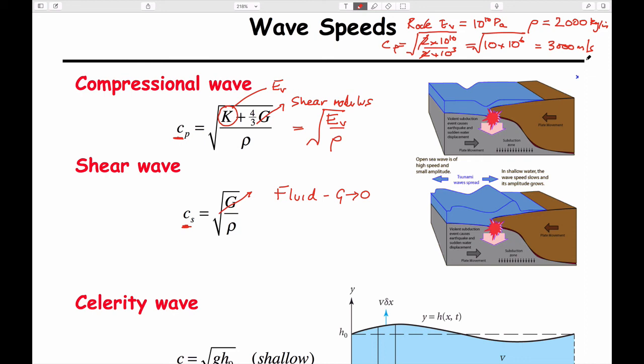Well, maybe it is. So if you look at the wave speed for water, what would those numbers be for water? Any idea? We said last time that the modulus of water is pretty close to that of rock, surprisingly. It's of the order of 2 GPa. So it'd be 2 times 10 to the 10. The density of water is 1 times 10 to the 3.